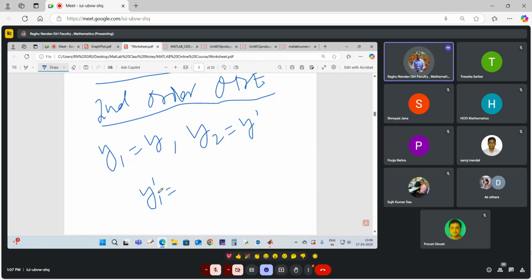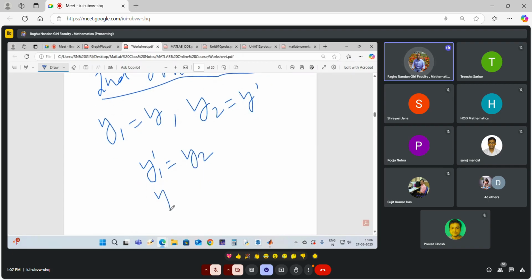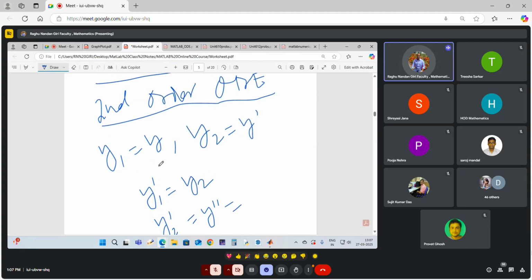y1 dash equal to y2 and y2 dash equal to y double dash.